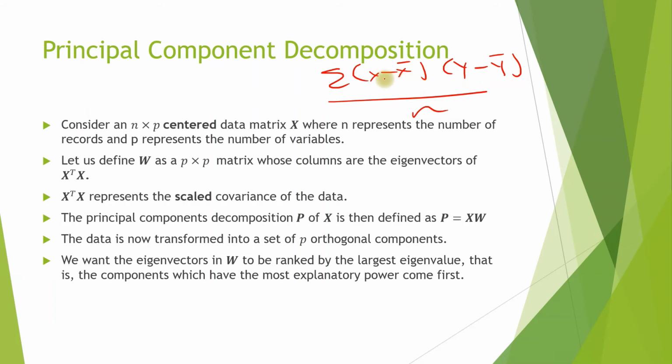But again, as you will realize, if we are working with demeaned data, and demeaned means centered data, you will understand that the mean x bar of the centered data would be equal to 0. So in the end, the formula for covariance turns out to be just the sum of xy over n if your data has been centered. You don't need to worry about subtracting the x bar or y bar or whatever.